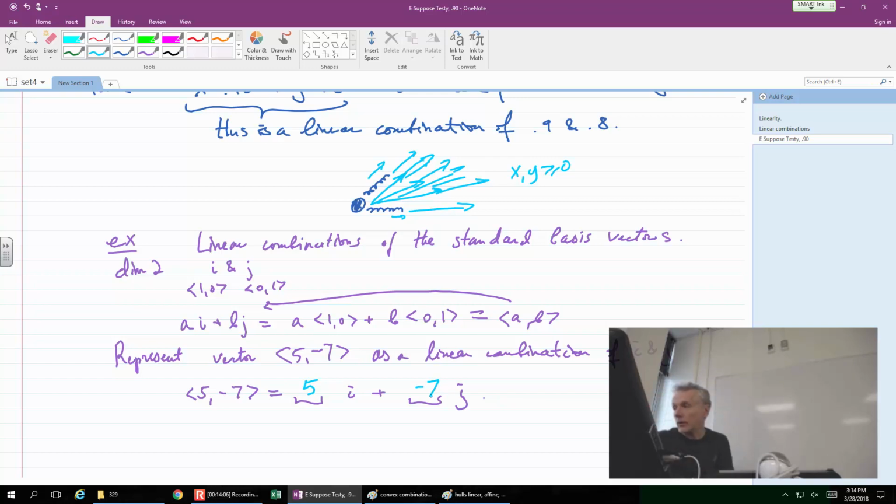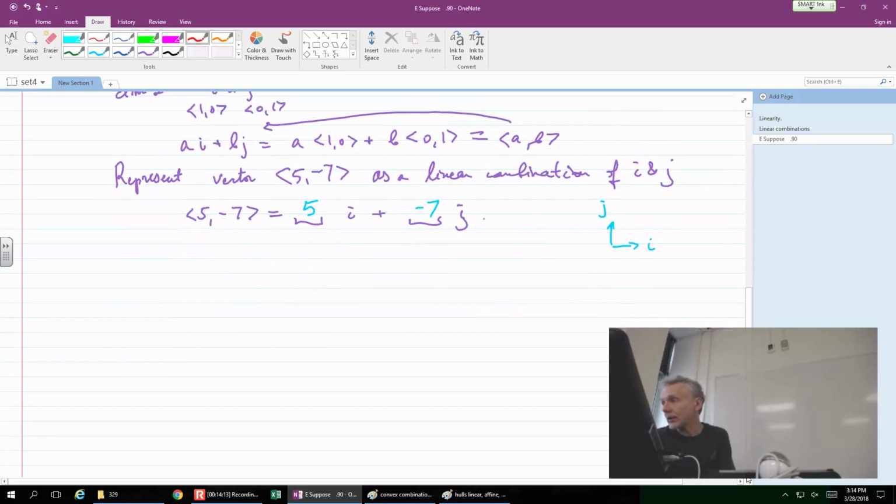So if these are my two vectors i and j, and my vector is (5, negative 7), I have to have a multiple of i, which is 5i over here, and this one is negative 7j.